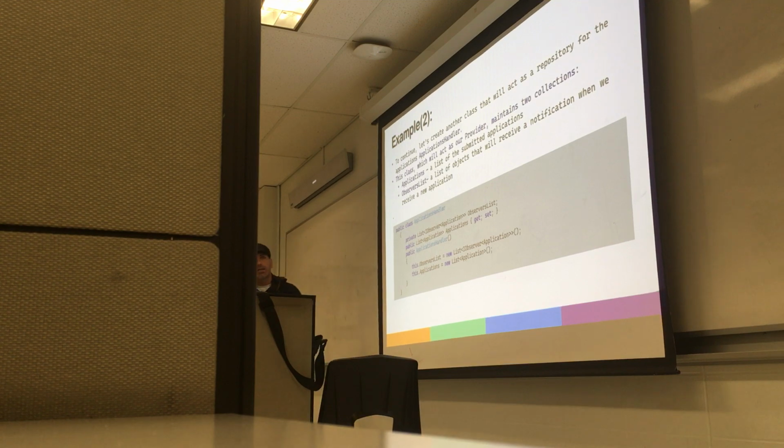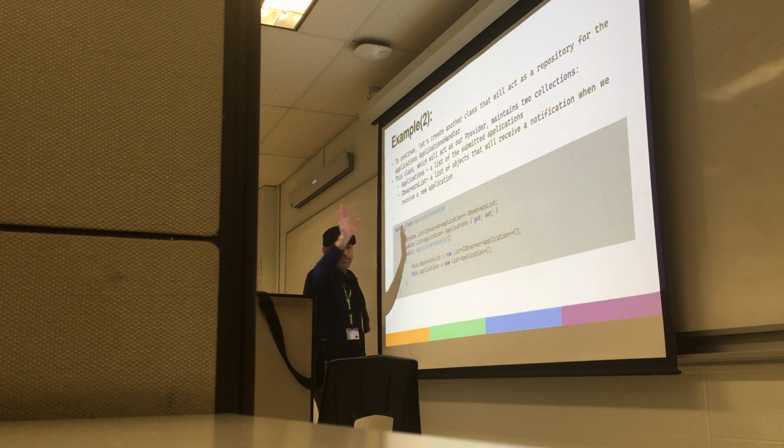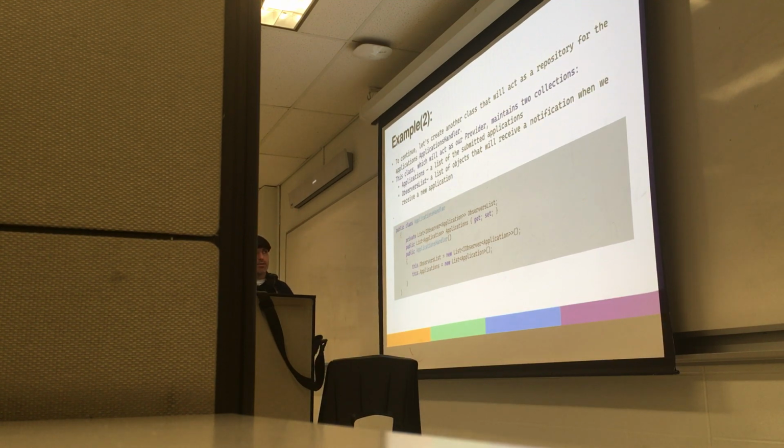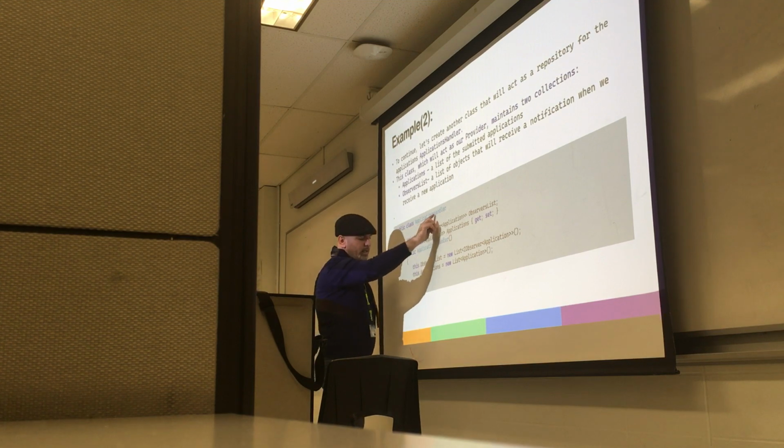Now this class plays a role just to store the applications. Let's create another class that will act as a repository for the applications. This class is named application handler. No events here, just the name.